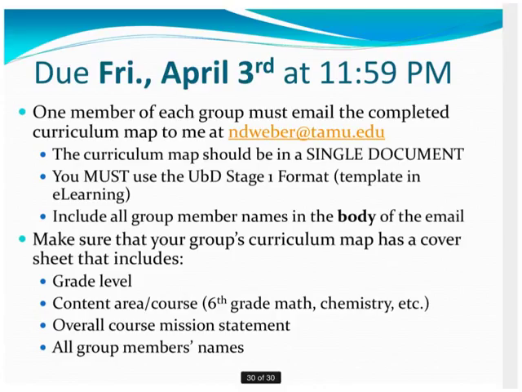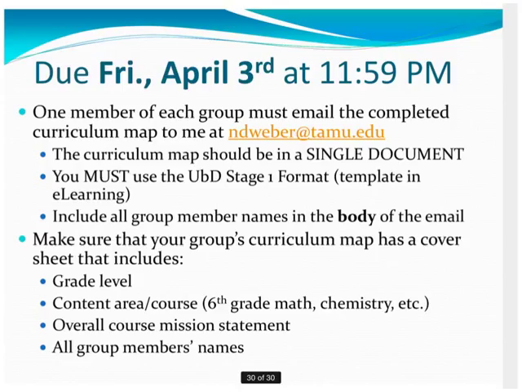Your curriculum map has to have a cover sheet on the front of the 3 consecutive Stage 1 templates. That cover sheet needs to include the grade level and the content area or course for what you're going to be teaching, so 6th grade math or chemistry or whatever it is.